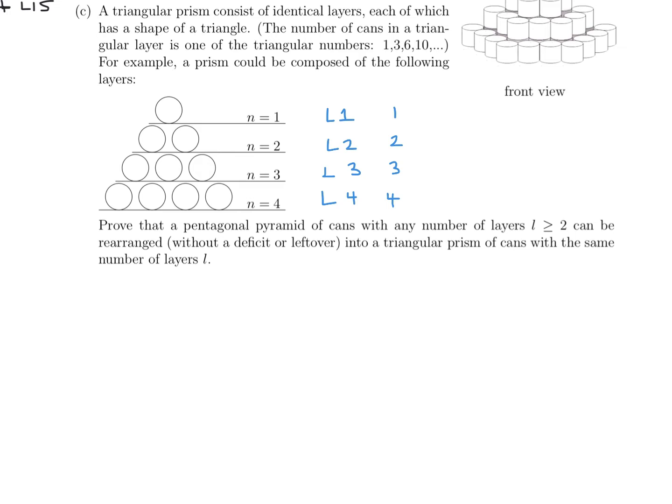So when we only have n equals 1, there'll be just 1 can. When we get up to n equals 2, then we have 3, right? Because you have to add up all of them, not just an individual row. When n equals 3, we have 6 cans. When n equals 4, we have this, which is 10, and so on.